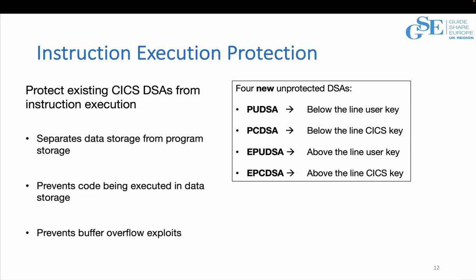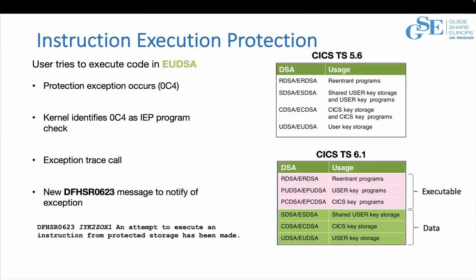So what we've done is we've got 4 new unprotected DSAs, which are on screen there. And that separates the data storage from the program storage. And with this feature turned on, and I'll go into that in a moment, it allows us to prevent code being executed in data storage, whether that's done on purpose or inadvertently.